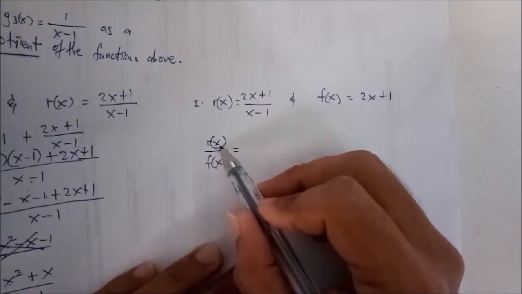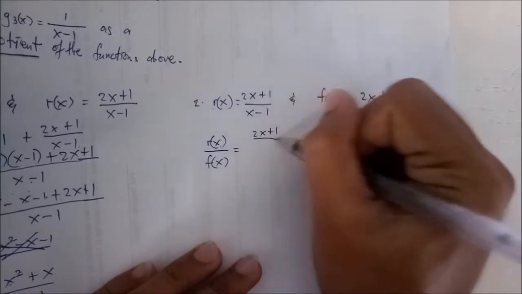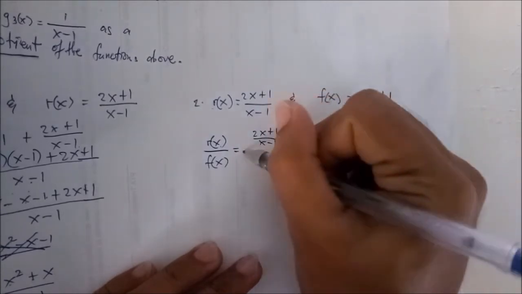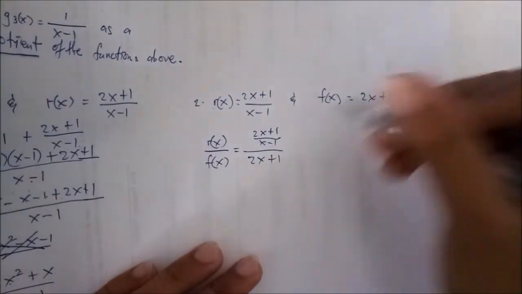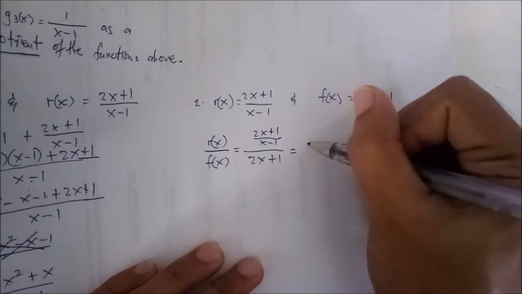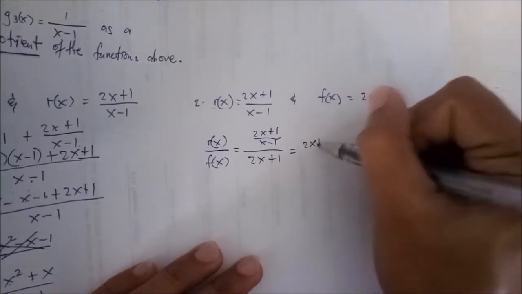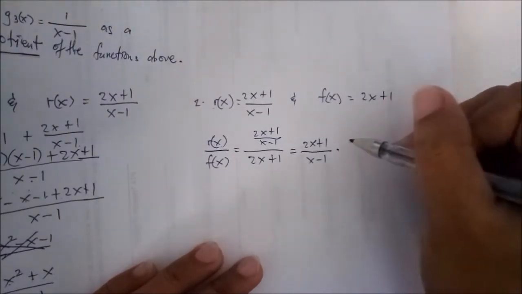So what is the value of r of x? r of x is (2x plus 1) over (x minus 1) divided by 2x plus 1. How to divide? Bring down the (2x plus 1) over (x minus 1) times. Why is it times?